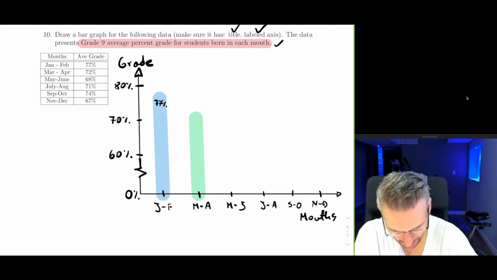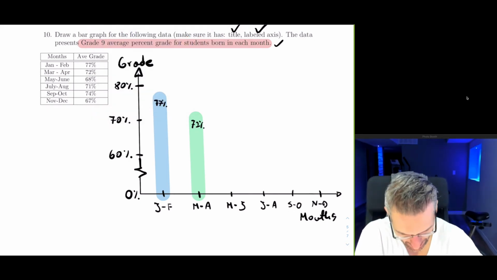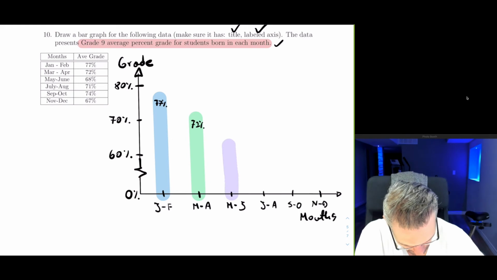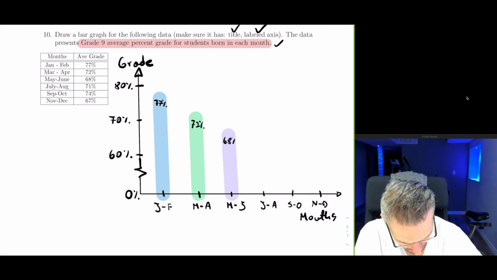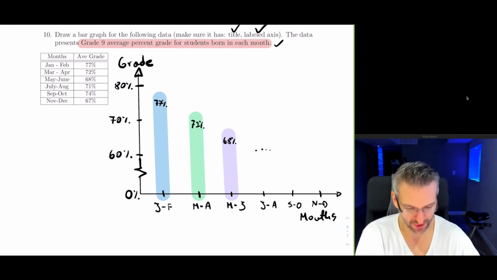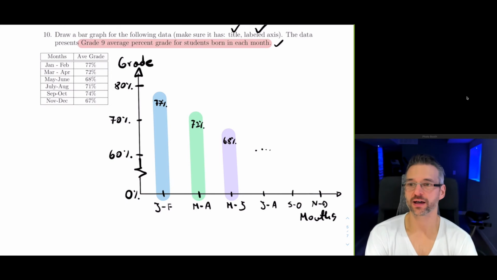So that's around 72%. Then again I'll change the color, 68%, so something like that. And then you can finish these off, so you kind of know what to do here. So that would have been a nice bar graph for this example that they asked. All right, so that was question 10.